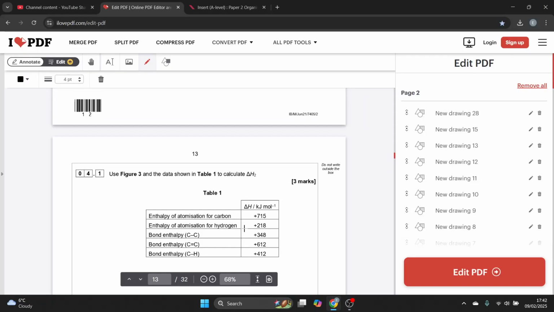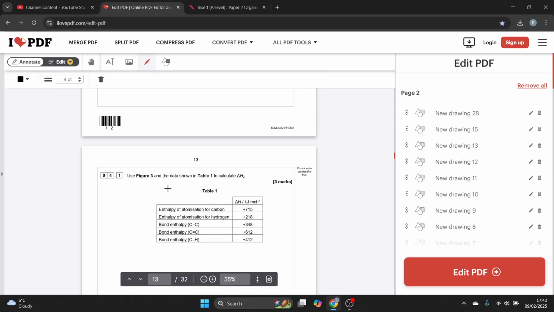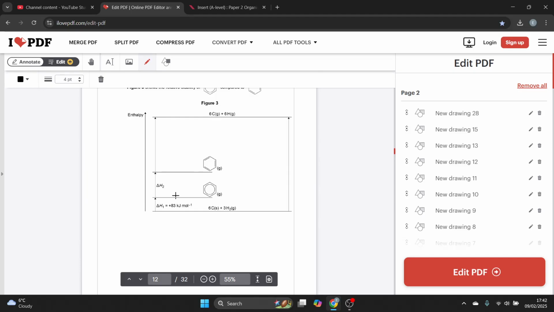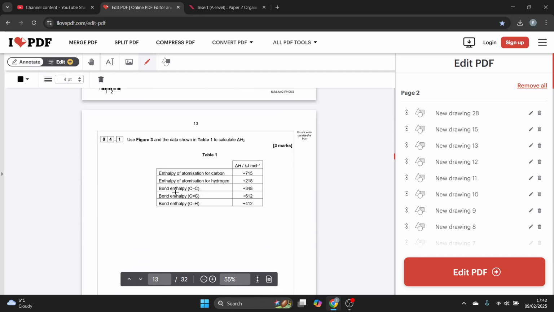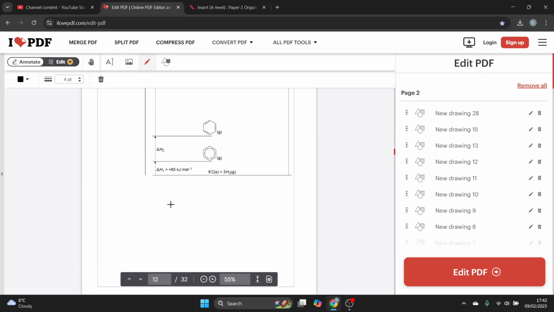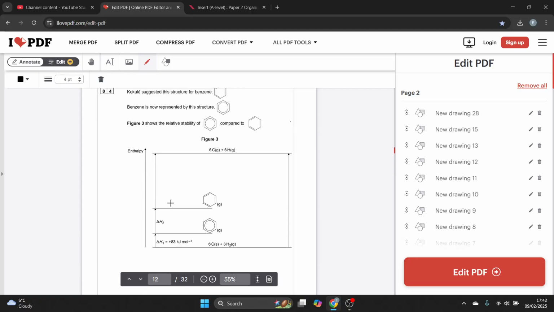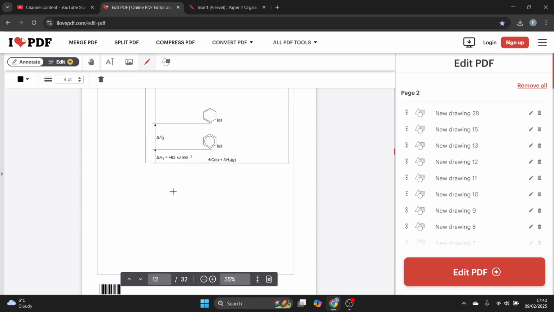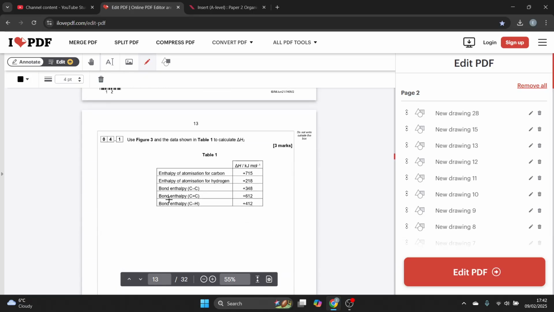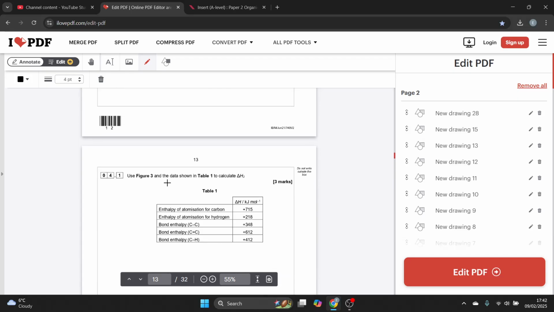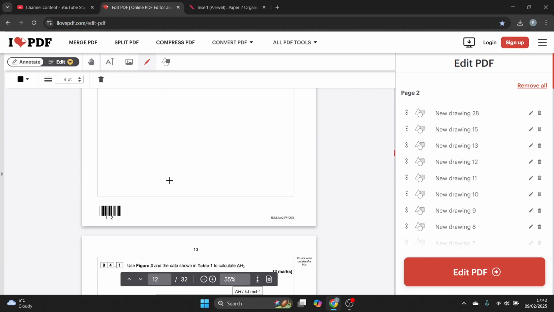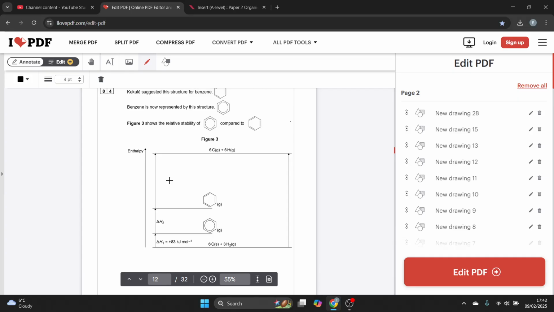So I know the enthalpy of atomization of carbon is plus 715. And I want to find out the total.